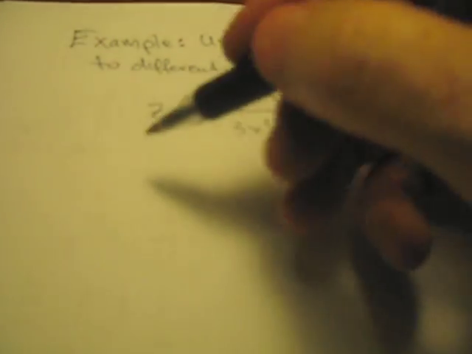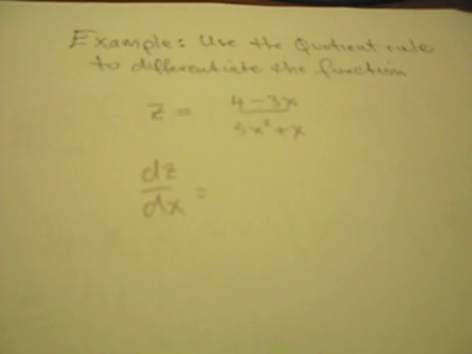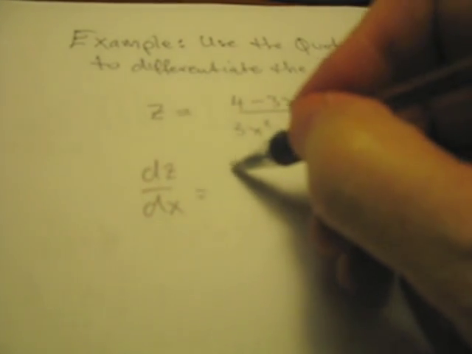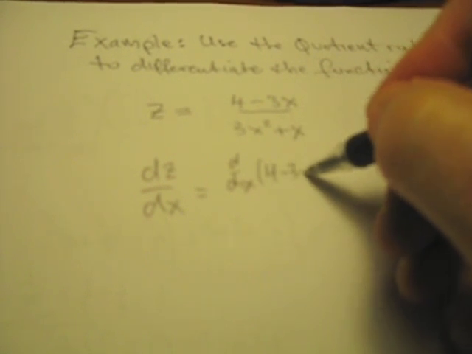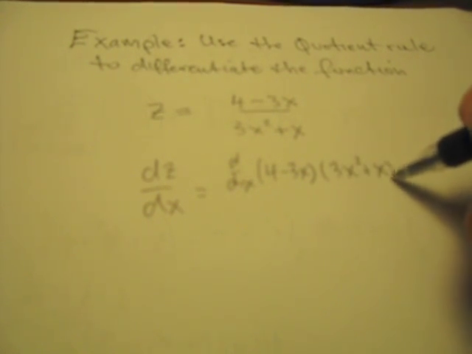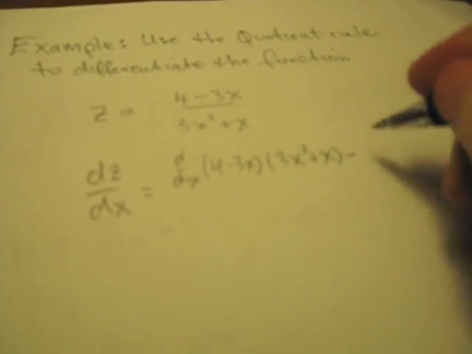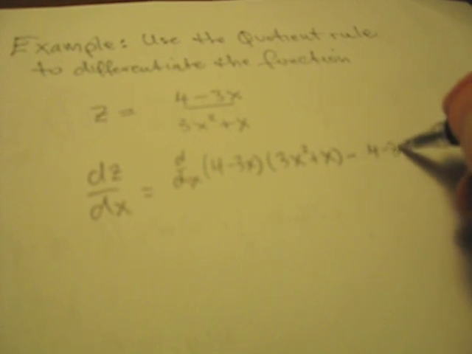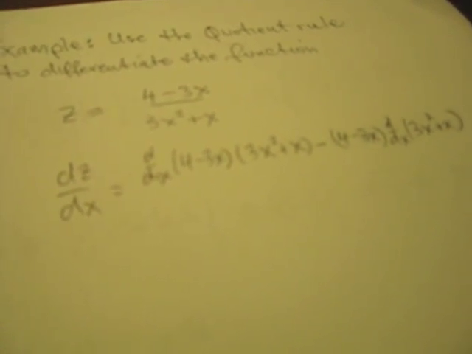So in this case here, what we'll have is dz on dx is equal to, alright, so let me do it in two parts. It'll be d on dx of the 4 minus 3x, then you have to multiply by the bottom function, and now you're subtracting the top function by the derivative of the bottom function, and that's what we have.